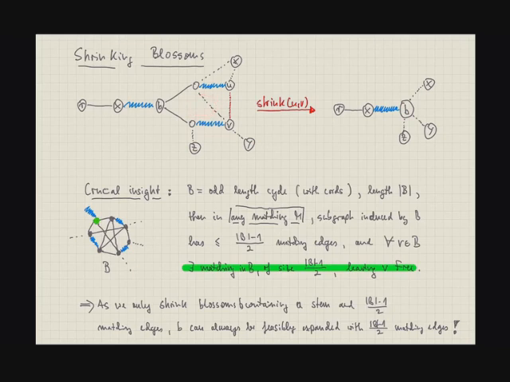And the crucial insight for this whole operation, the shrinking of blossoms, is the following. When we shrunk the blossom in this iteration, the whole odd length cycle, the blossom was connected to one matching edge, okay, and precisely one matching edge. That is by definition of this blossom.